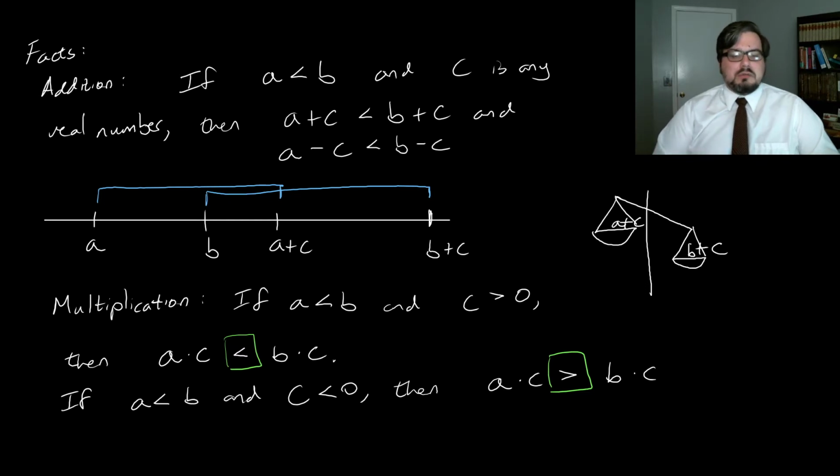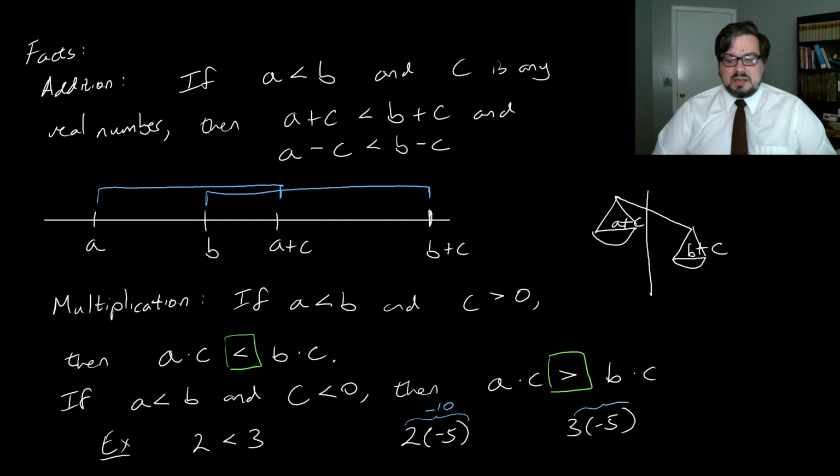Now, we won't go through a whole proof of this, but we can do a quick example to see that this is true. So we have that 2 is less than 3. Now, if I multiply by -5 on both sides, let's see what I get. 2 times -5 is equal to -10. 3 times -5 is -15.